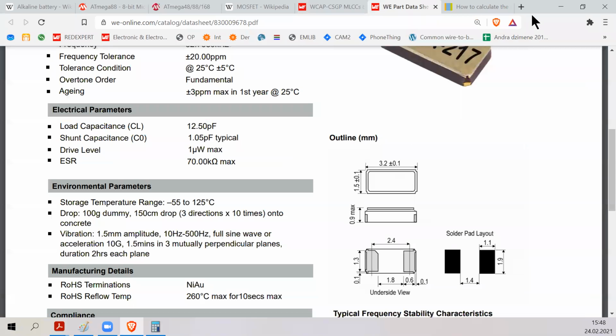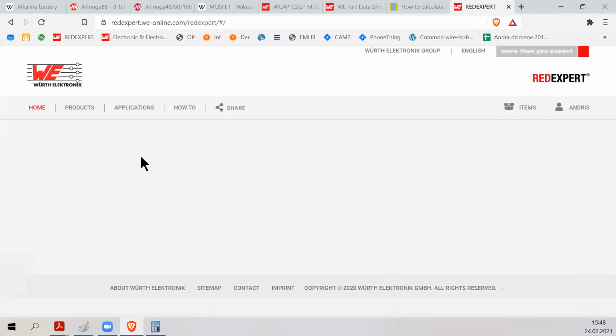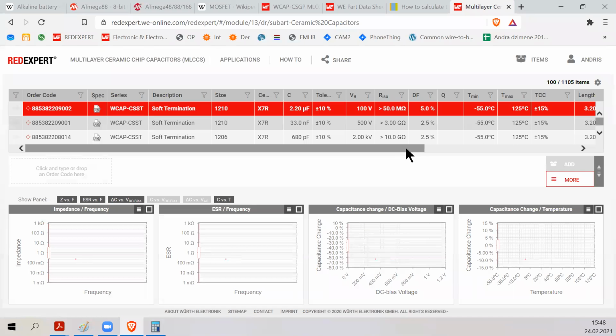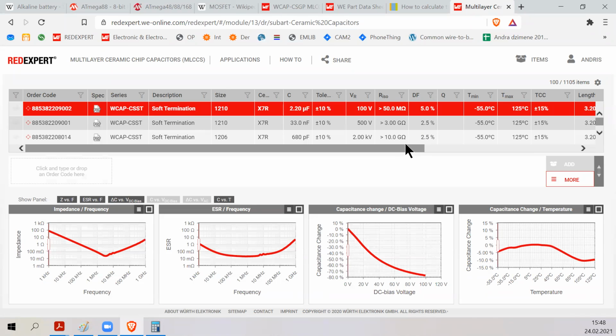We can also check out Red Expert from Würth Elektronik. So if you're looking for components and you want to, for example, use Würth Elektronik components, they're a good manufacturer. Then you can use this Red Expert, which is an easy to use component selector.